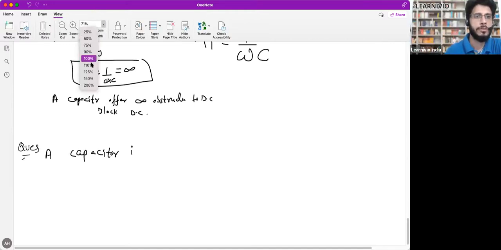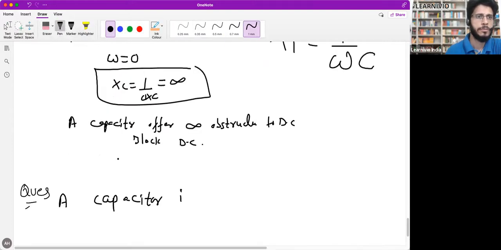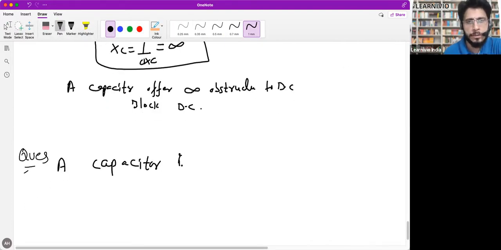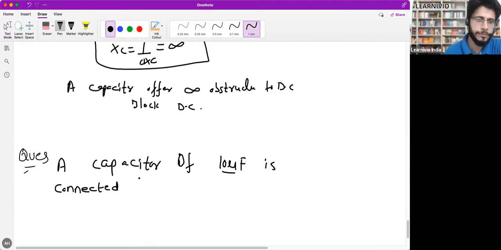Do this numerical. Straightforward thing. A capacitor of 10 microfarad is connected. For capacitor, convert microfarad into farad. It's connected to AC supply. That is 10 farad?